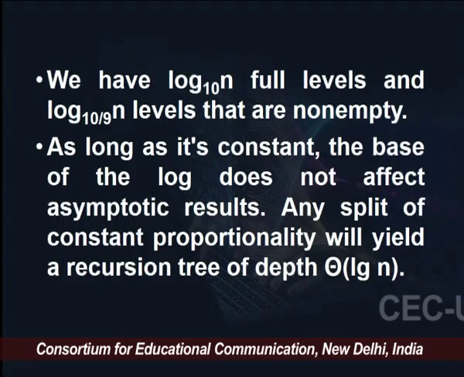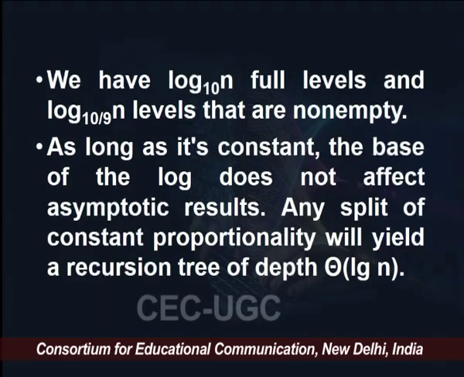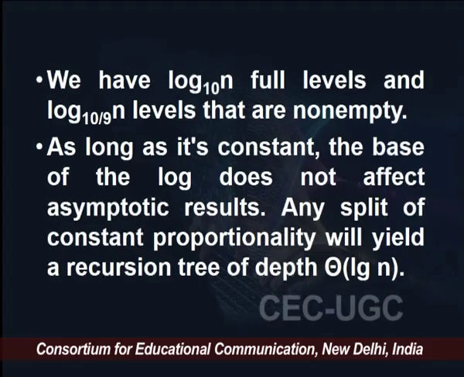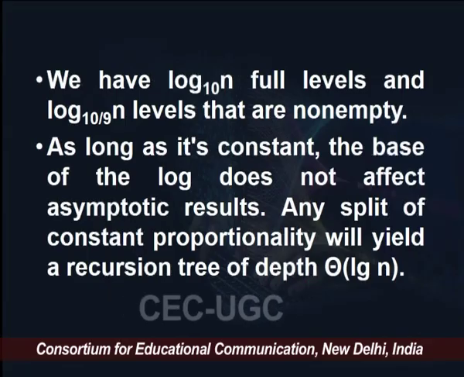So that means they are not going to affect the asymptotic complexity, and any split of this kind of constant proportionality will yield a recursion tree of depth theta log n, as we have just seen in the figure.